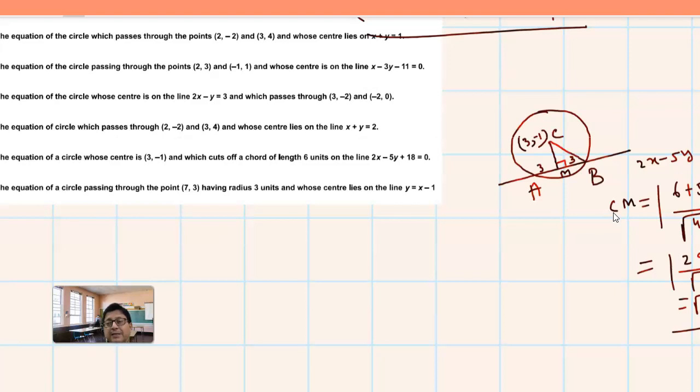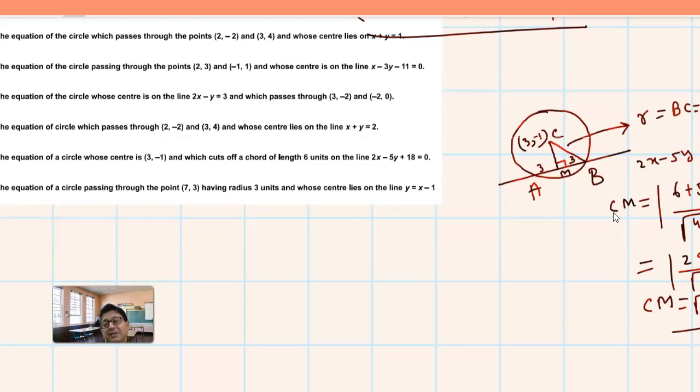Now if you get C to M distance and MB equal to 3, then you can easily get the radius by Pythagoras theorem. CM equal to root 29 and MB equal to 3, so radius BC is going to be equal to under root of CM square, that is 29 plus 9, root 38.